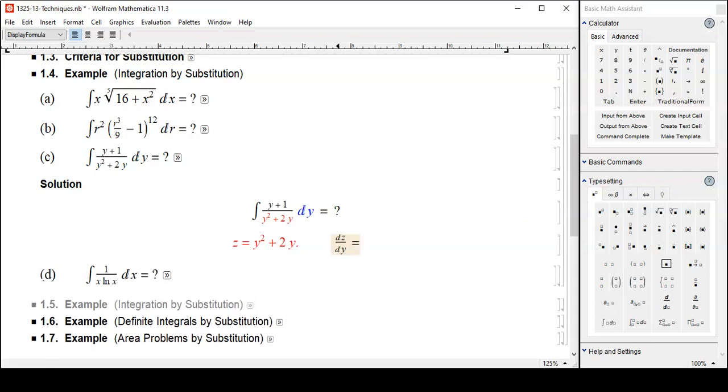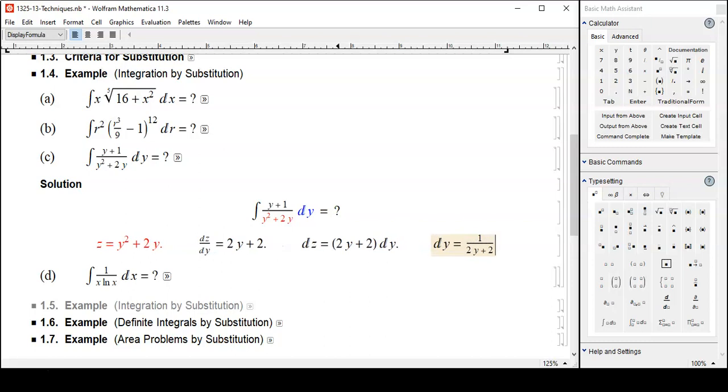So derivative is 2y plus 2, and you have to solve for dy. dz is 2y plus 2 dy. dy is therefore 1 over 2y plus 2 dz, and I guess we are ready.